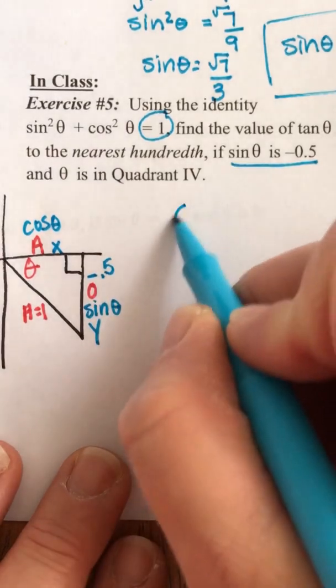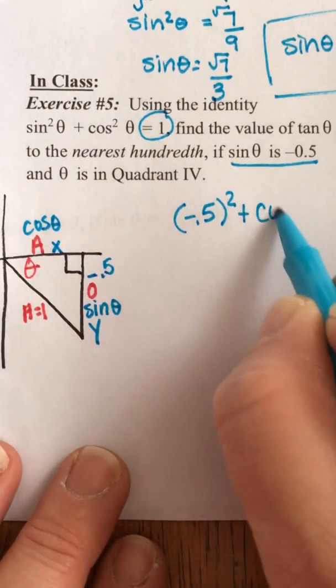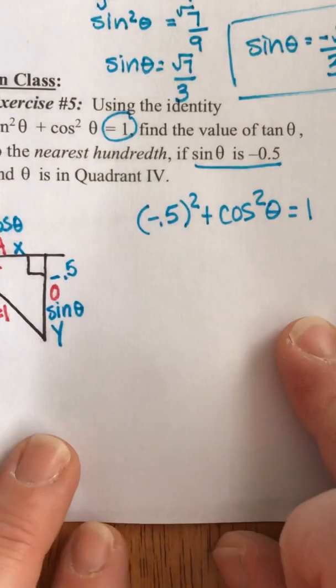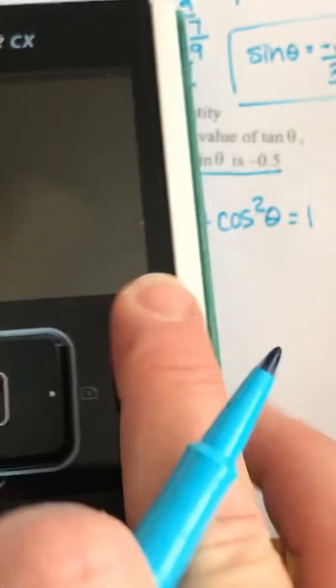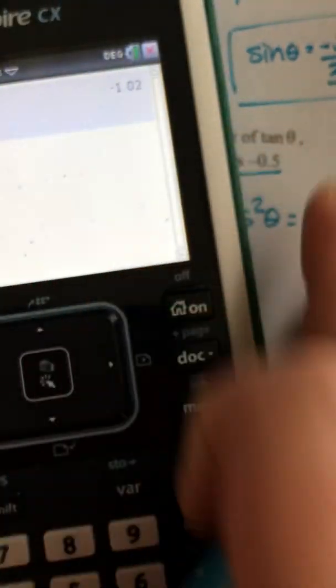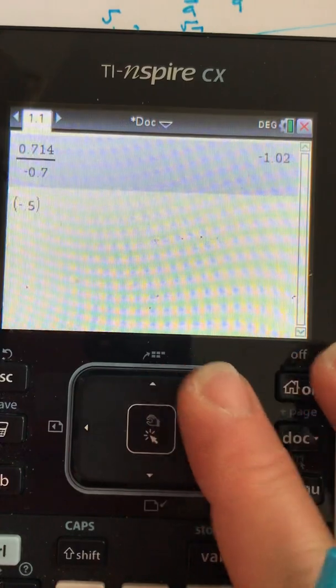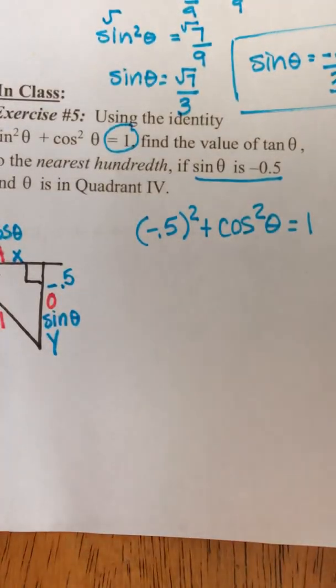Sine is negative 0.5 squared plus cosine squared equals 1. Negative 0.5 squared is 0.25.